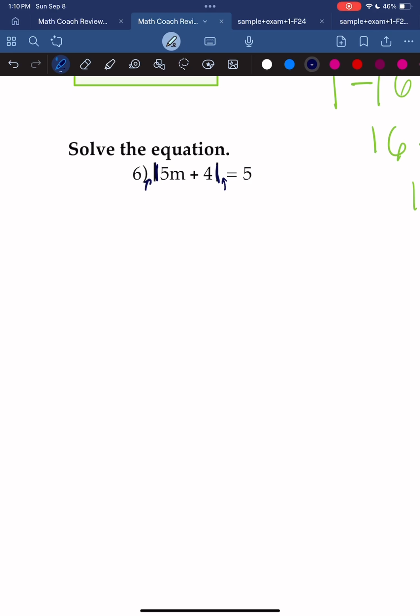which is just going to be to drop the bars, write two equations, and negate one side of the equation, the right side. So 5m plus 4 equals 5 is equation 1, and then 5m plus 4 equals negative 5 is equation 2.